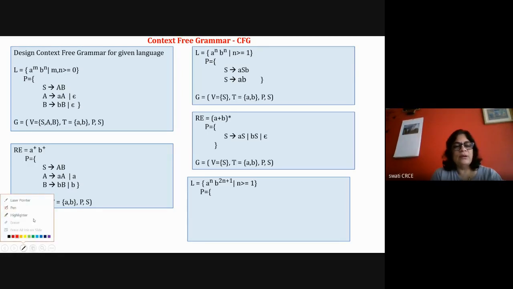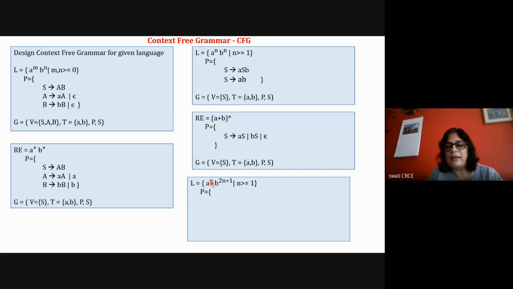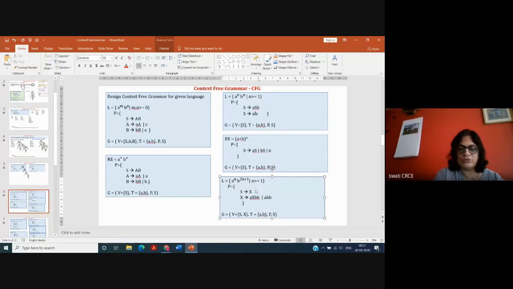We can have two different variables, but we need to identify the relation. So this is a raised to n, and this will be b raised to 2n plus 1. That means n for 2 times and one extra b. So I'll say that S is equal to xb. This b will be a small b. By default it got changed to capital B in autocorrect. It is small b.